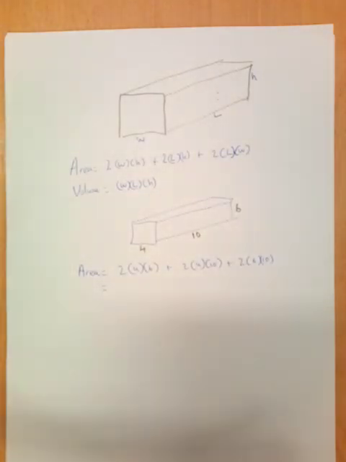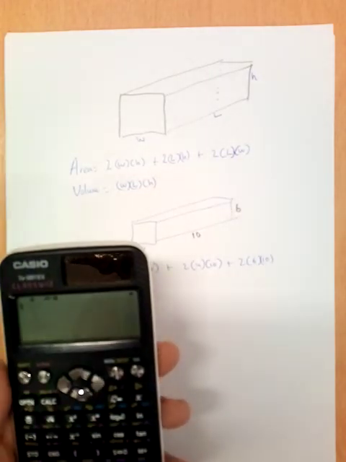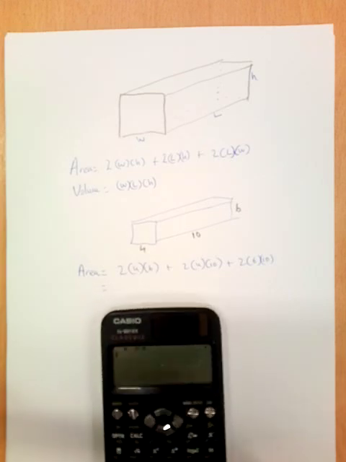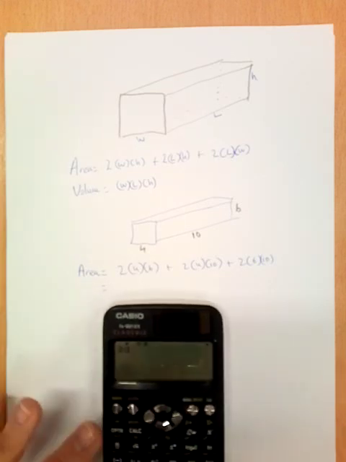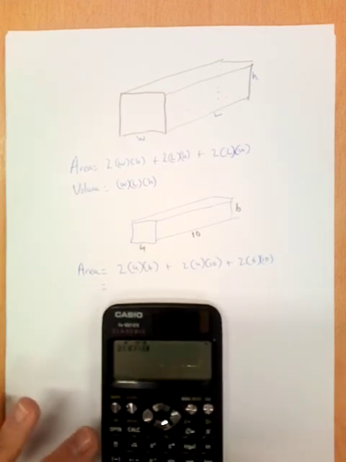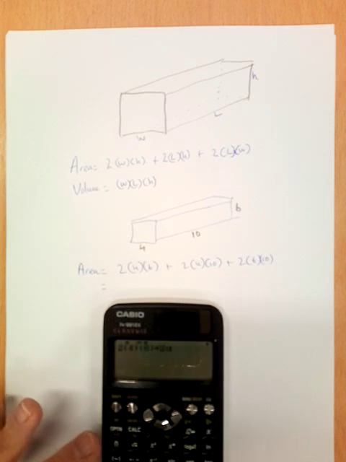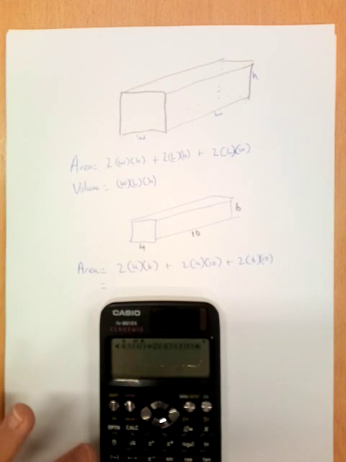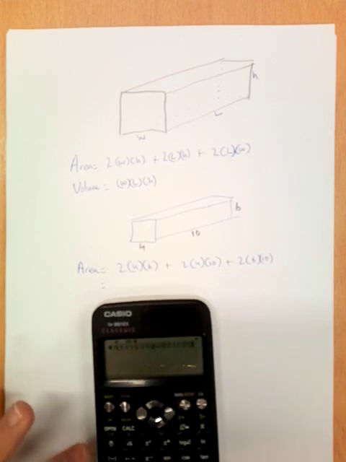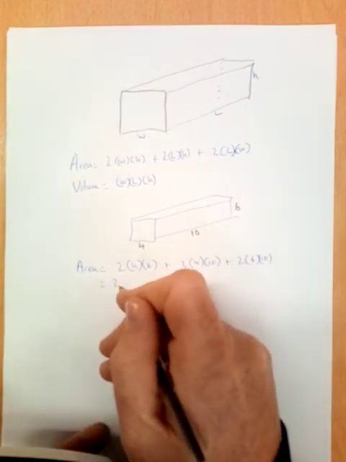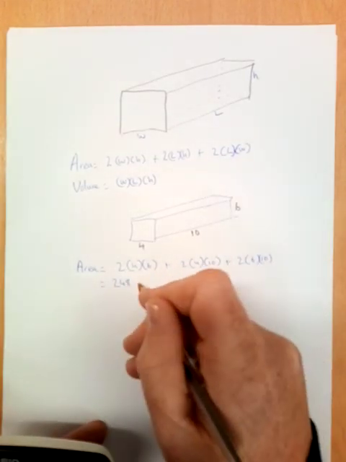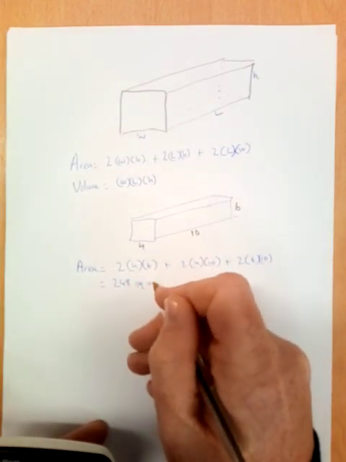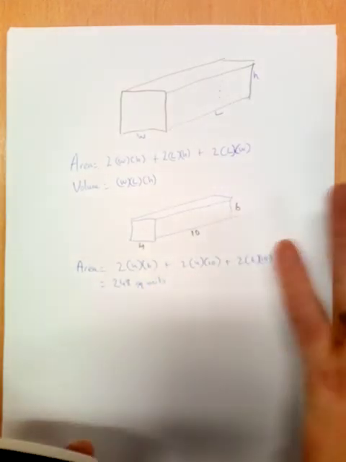Get your calculator, don't be brave here. Okay, that's just going to be 2 bracket 4 close bracket 6 plus 2 bracket 4 close bracket 10 plus 2 bracket 6 close bracket 10. That's 248 square units, or centimeters squared if it was done in centimeters.